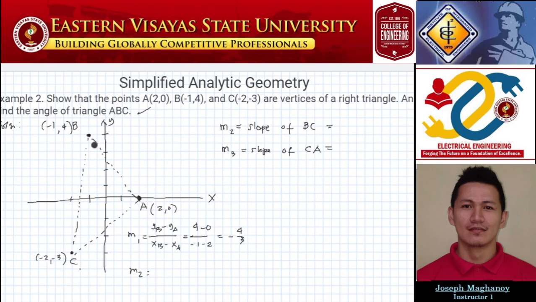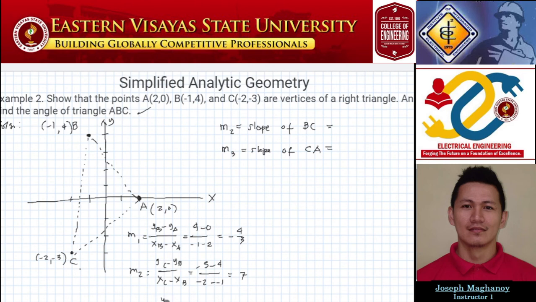So slope 2 is yc minus yb over xc minus xb. For this, negative 3 and 4, negative 2 and 1. Therefore this is negative 7 over negative 1. This is 7.